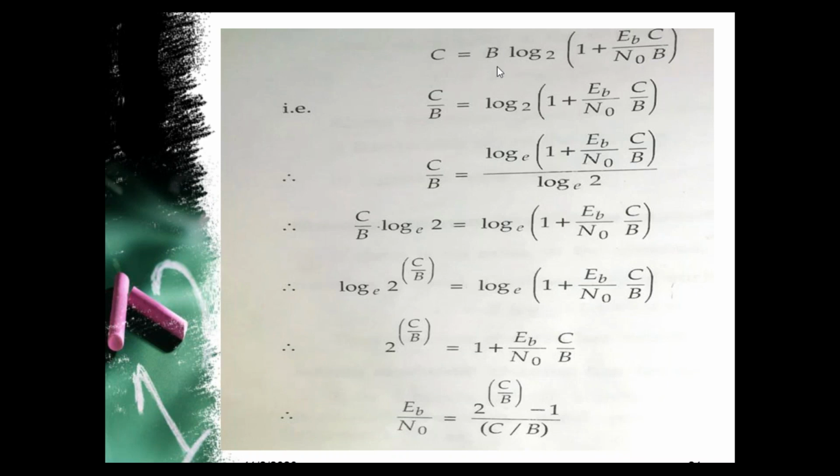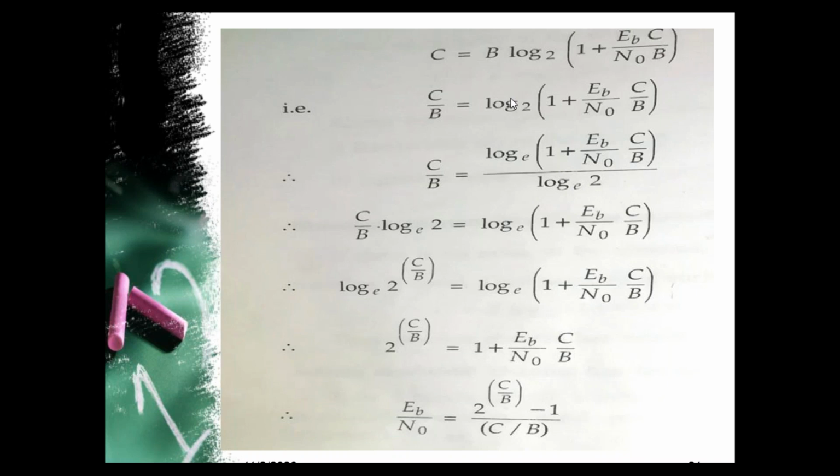Then taking this B to the LHS, C by B is equal to log to the base 2 of 1 plus Eb by N0 C by B. Then we convert it to the logarithm to the base e. Therefore, C by B is equal to log e of the term 1 plus Eb by N0 C by B, divided by log 2 to the base e.